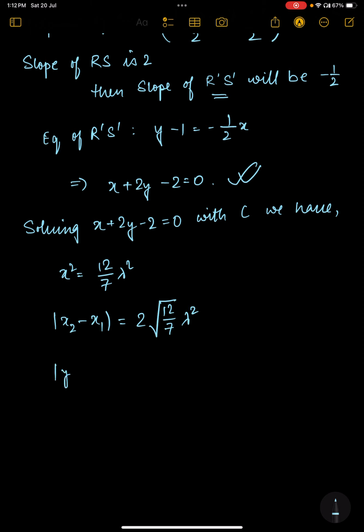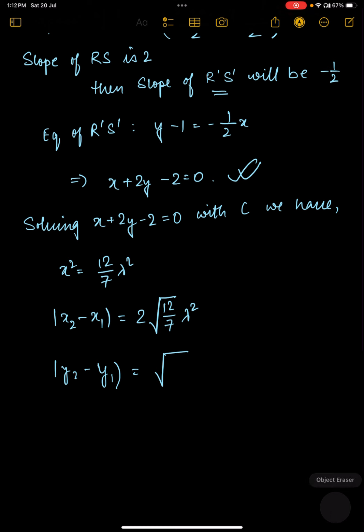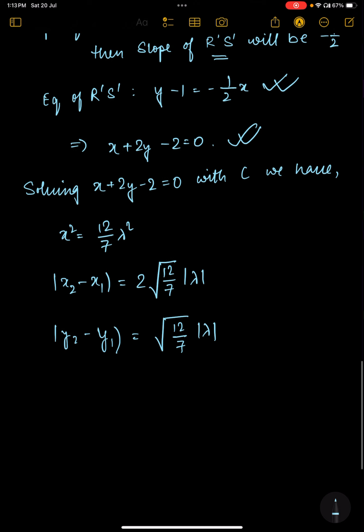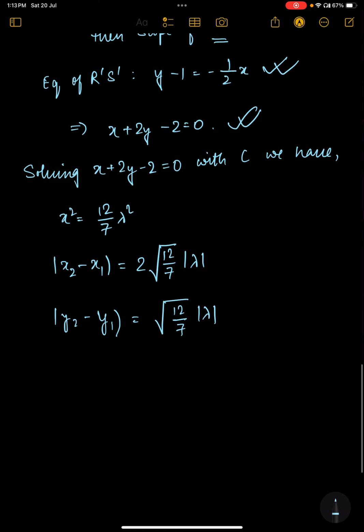But this time y2 minus y1 is equal to root over, I made a mistake over here. This should be mod lambda, root 12 by 7 mod lambda, because this time our equation has y minus 1 is equal to minus half of x. So the 2 part gets cancelled and we are left with 1 only.